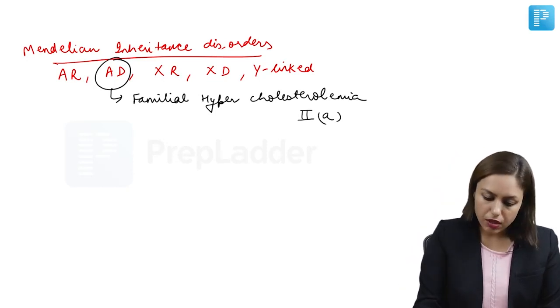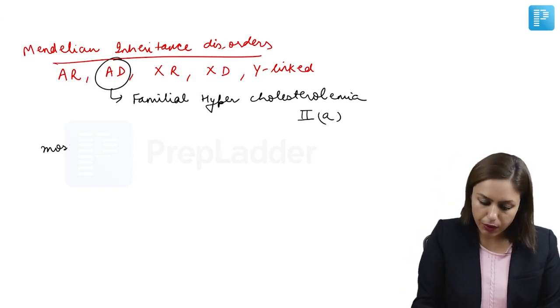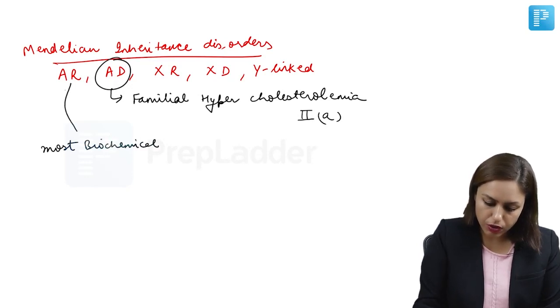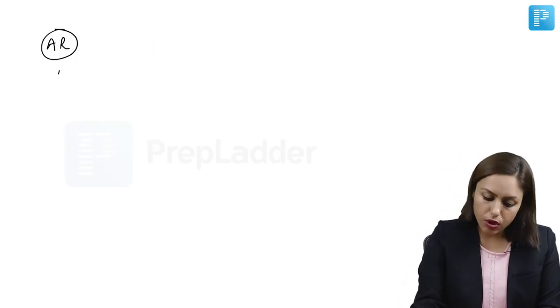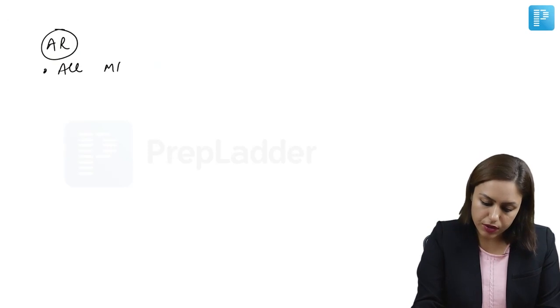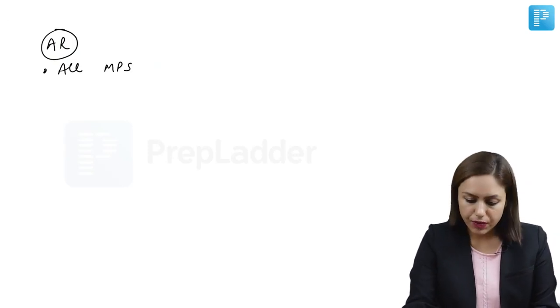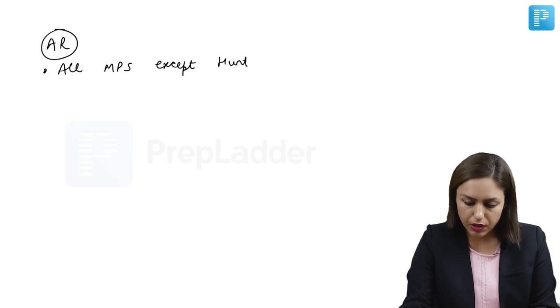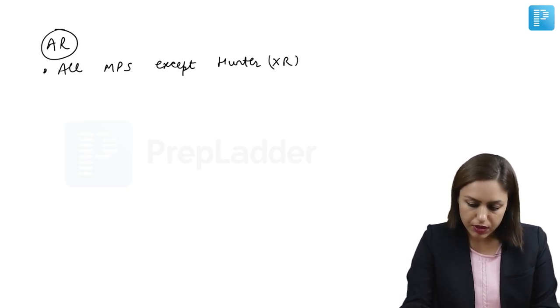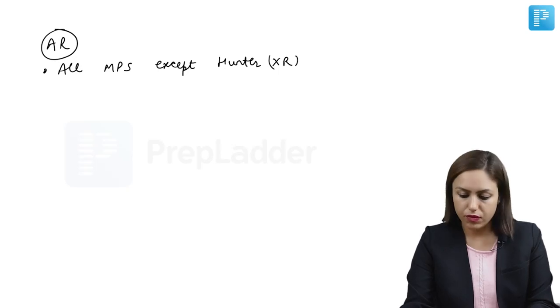Familial hypercholesterolemia or type 2A hyperlipoproteinemia, right? Then most of your biochemical disorders are autosomal recessive. So we can note down all of these. So here we have all mucopolysaccharidosis like Hurler disease, except Hunter disease, because that is X-linked recessive, right?